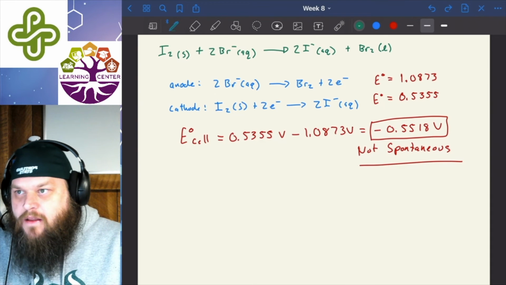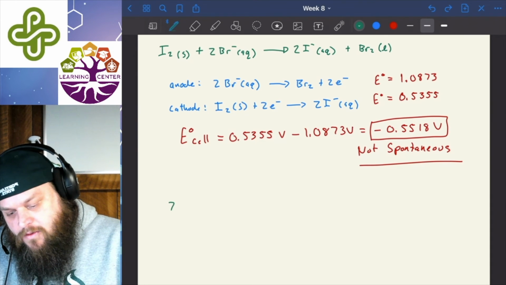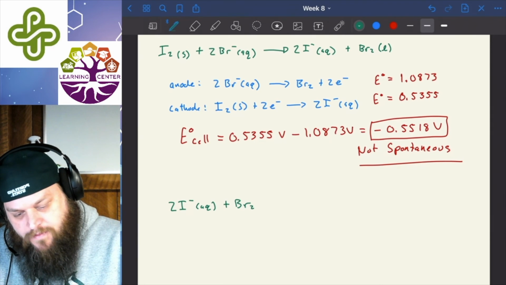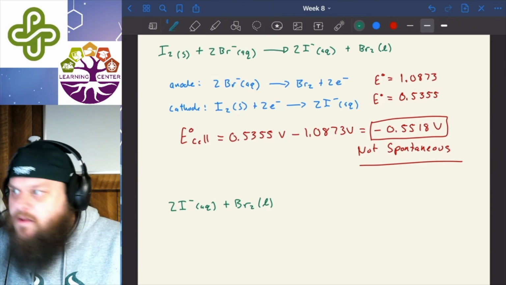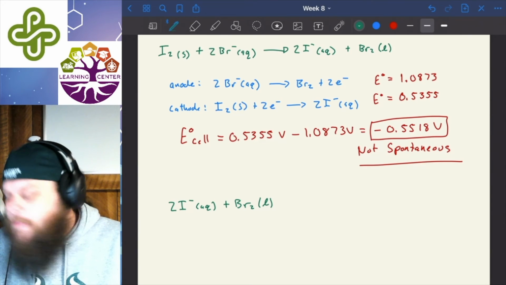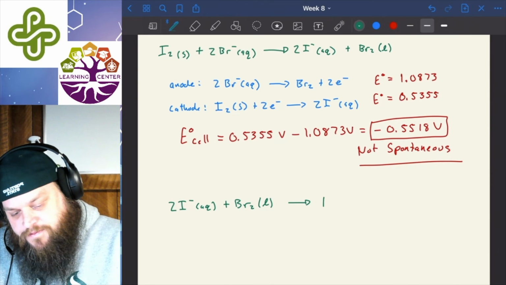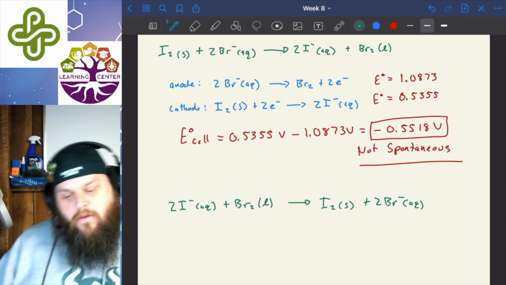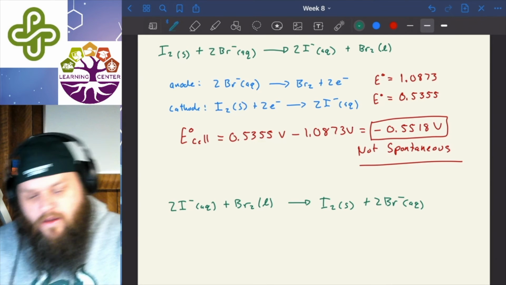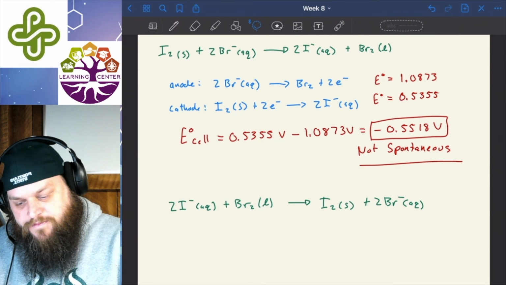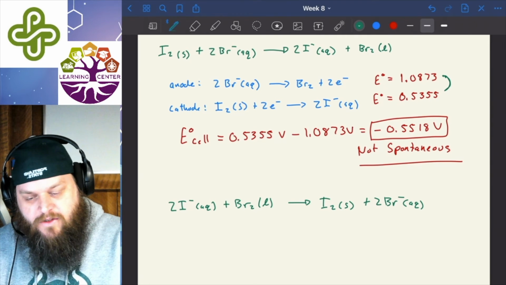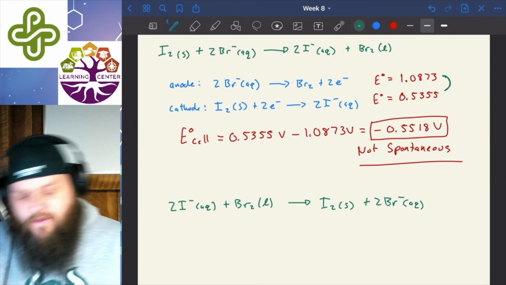If I do that, I will get 2 I minus aqueous plus Br2 liquid producing I2 solid plus 2 Br minus aqueous. And since we know the two cell potentials are the same, you're really just swapping the anode and the cathode.